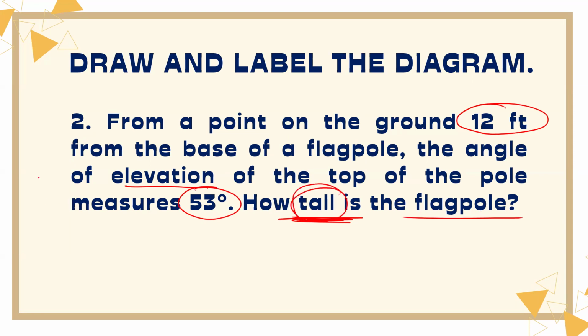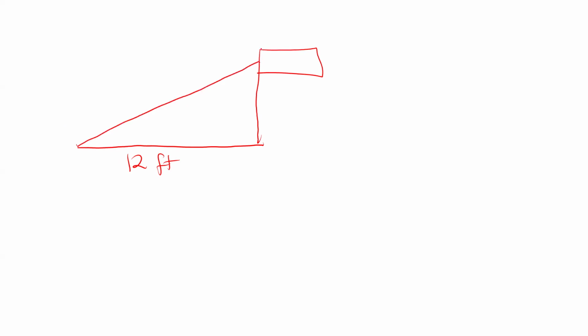So how do we draw that? It will be good if we draw the problem so we can solve it much easier. Okay, get your notebooks and papers. Let's solve it all together. So if this is the point that we're looking at, the distance from the point to the flagpole is 12 feet, and the angle of elevation to the top of the flagpole is 53 degrees, right?